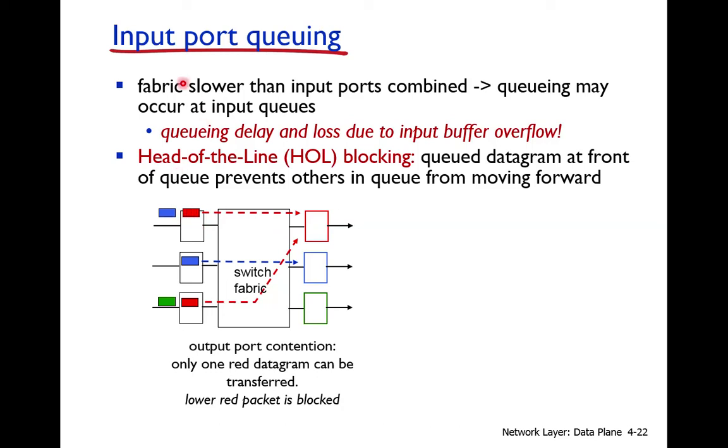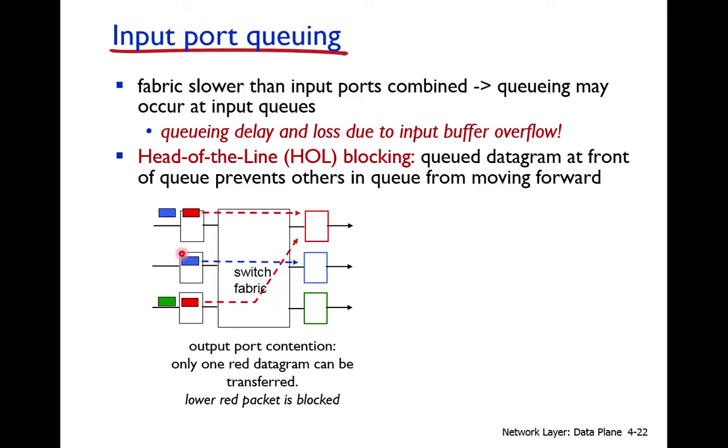Okay, so input port queuing means that queuing can occur at the input port. If the packet arrival rate is higher than its processing rate, then some packets will be queued in the buffer. If the fabric is slower than the input ports combined, then queuing may occur at an input port. That is, the switching fabric is slower than the data arrival rate at the input port.